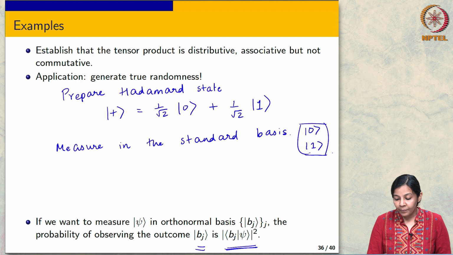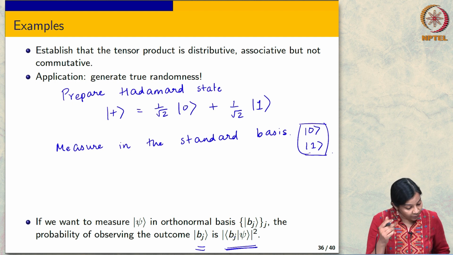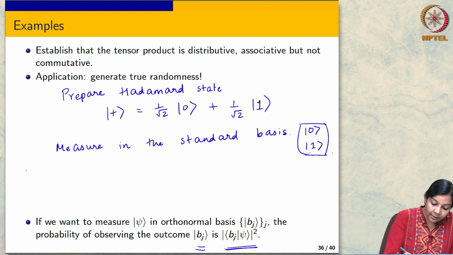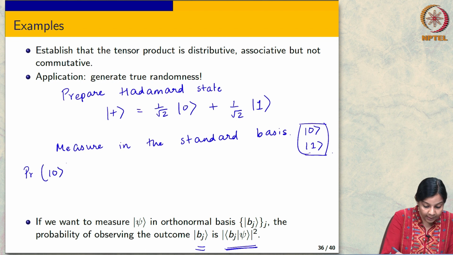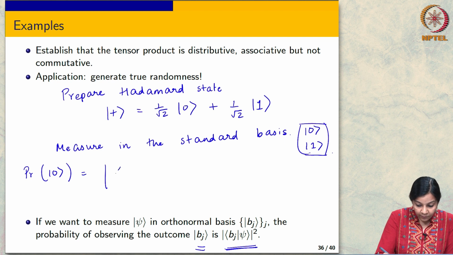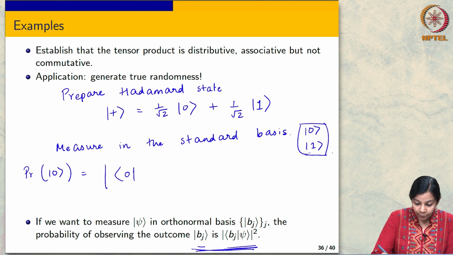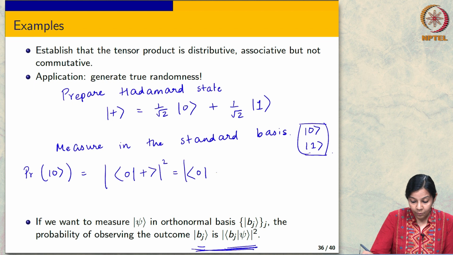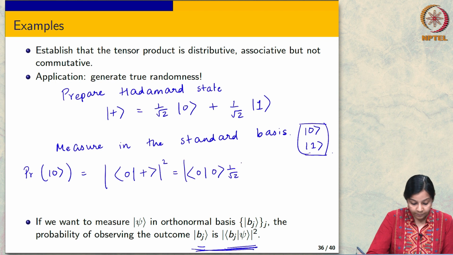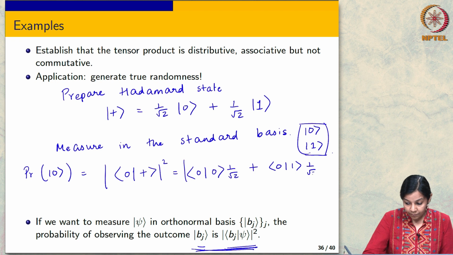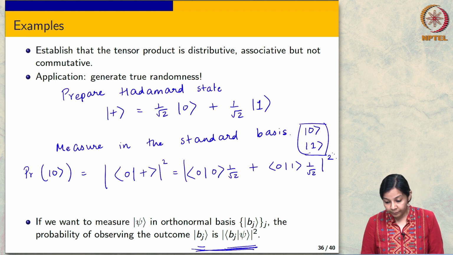So, in particular, what is going to happen when I measure this state in the standard basis? What is the probability that I get state 0? By what we saw over here, it's going to be the inner product of 0 and plus, mod squared.